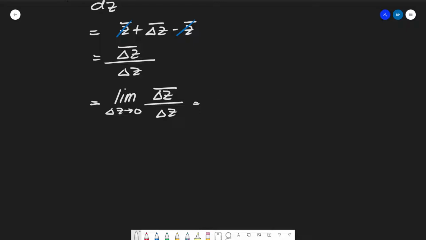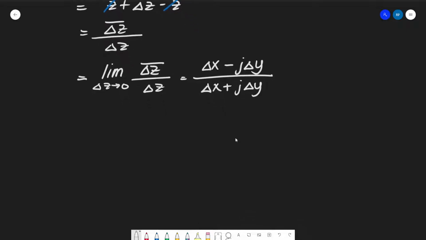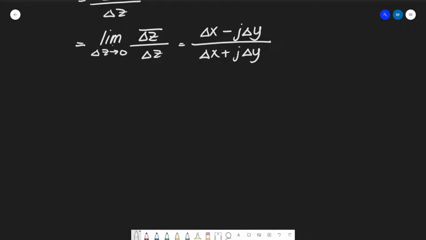So we convert to that: delta x minus j delta y, since it is the conjugate, over delta x plus j delta y. The denominator is not conjugated. Let us evaluate this in terms of the limit as delta x approaches 0 and delta y approaches 0.